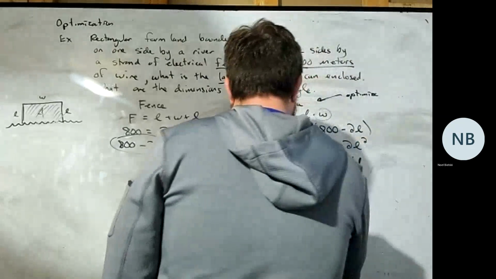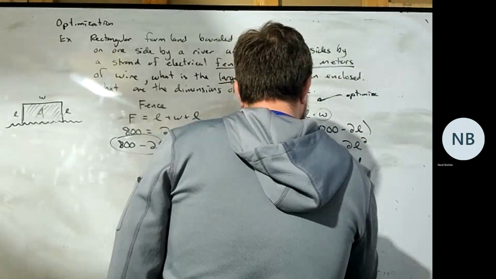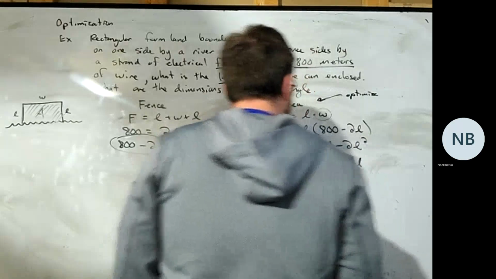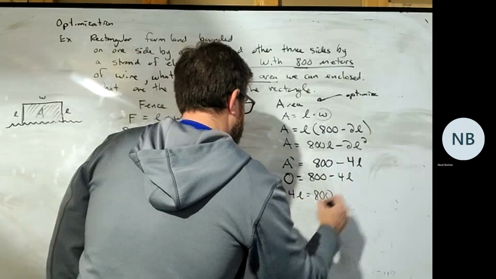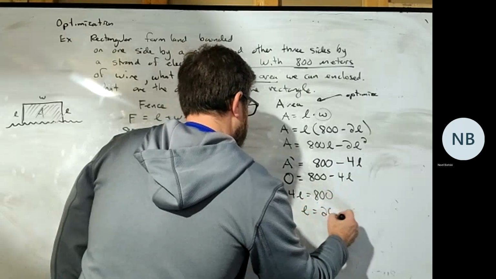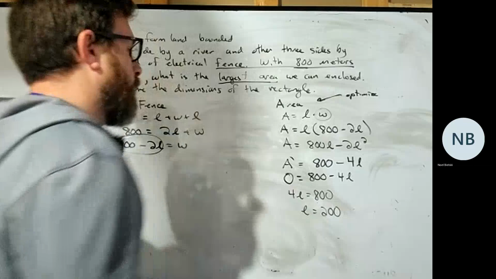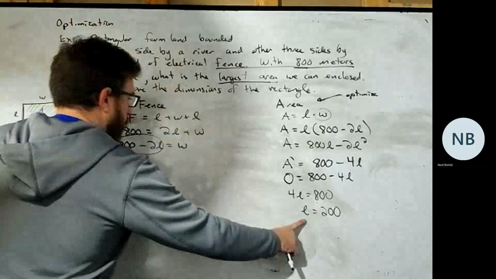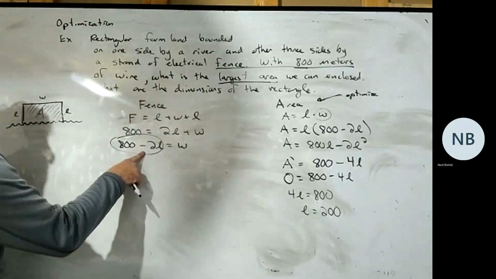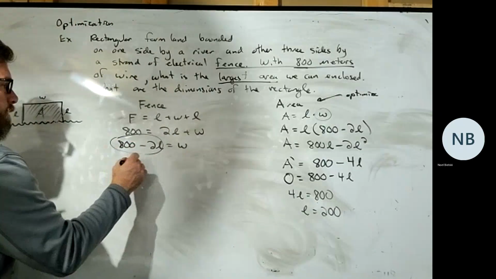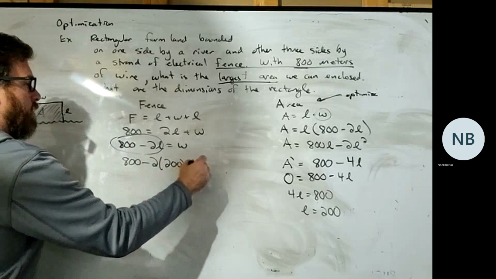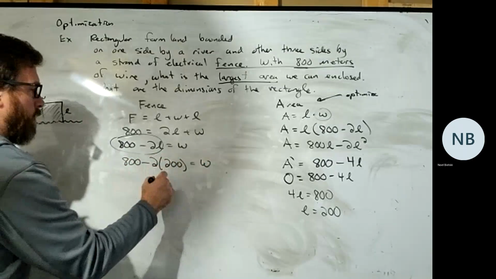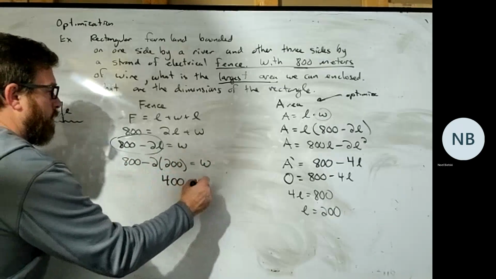So 0 is equal to 800 minus 4L. So 4L is equal to 800. So L is equal to 200. And once you know L, you can plug it back into here, and you also know W. So 800 minus 2 times L, which is 200, is equal to W. So 800 minus 400, 400 is equal to W.